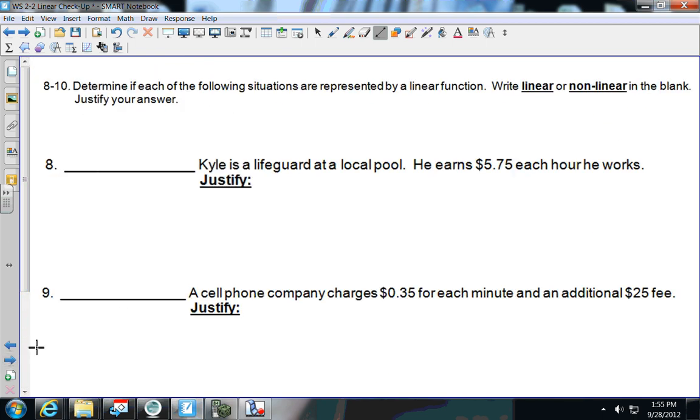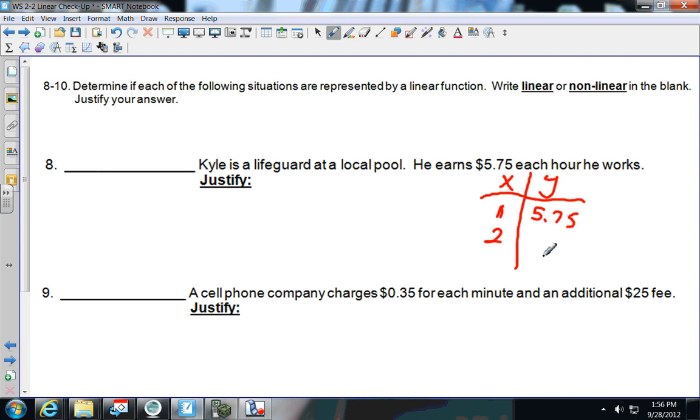Next, determine which of the following situations are linear or nonlinear. Kyle is a lifeguard at a local pool. He earns $5.75 each hour he works. One way you could do this is to figure out a table. For working 1 hour, he gets $5.75.